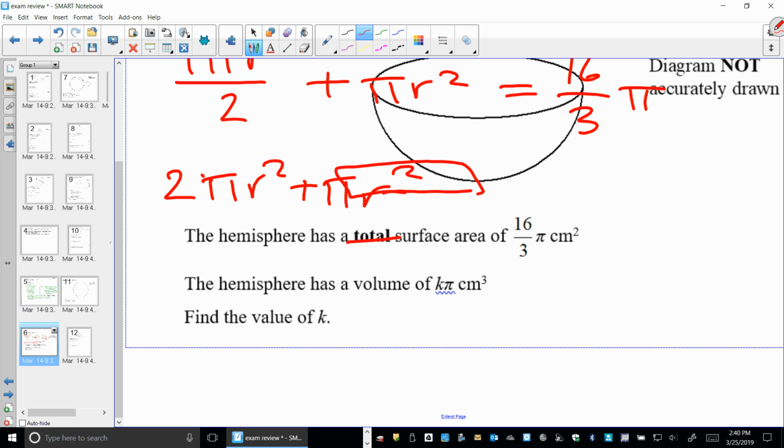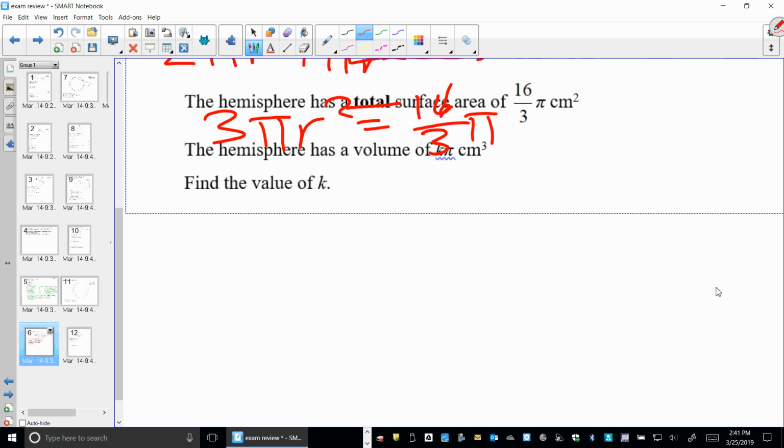And then you can make that 3 pi r squared equals 16 divided by 3 pi.